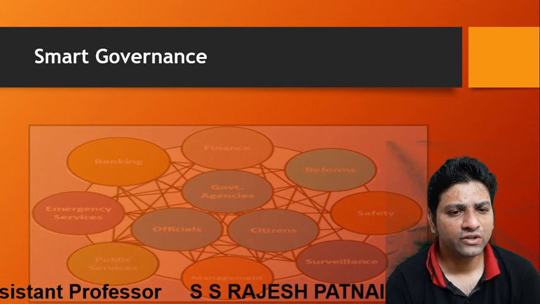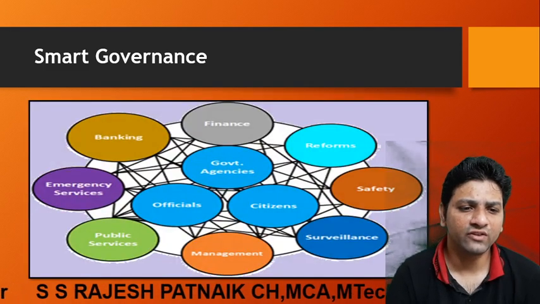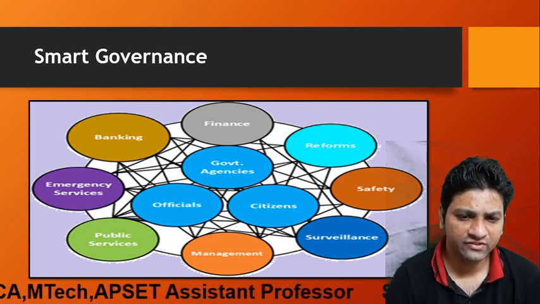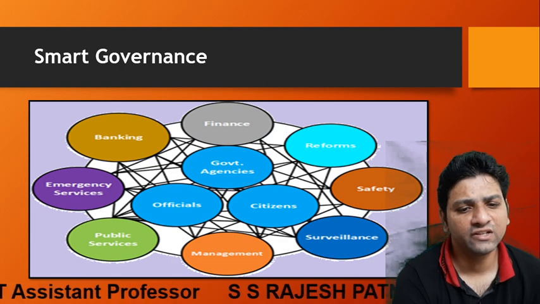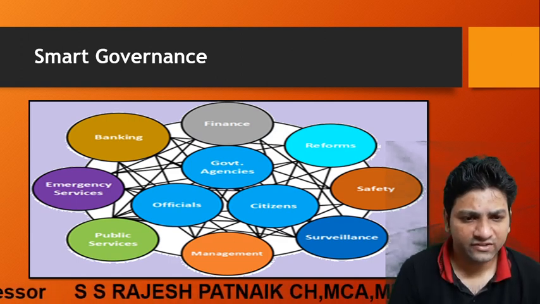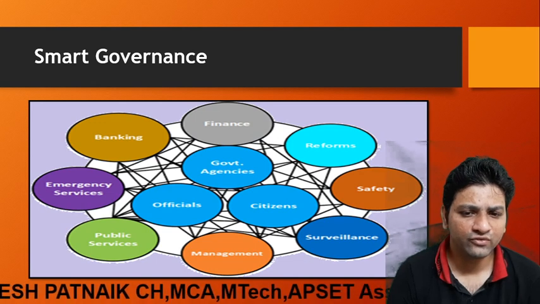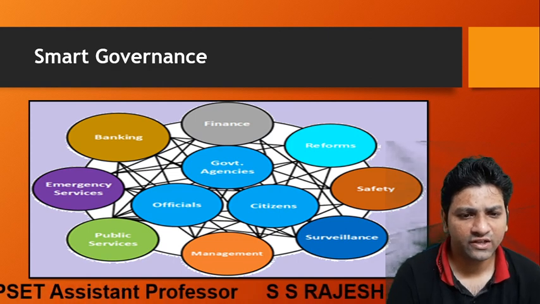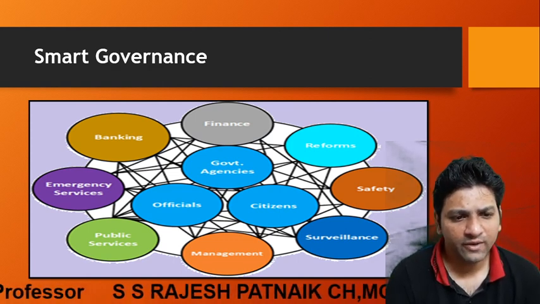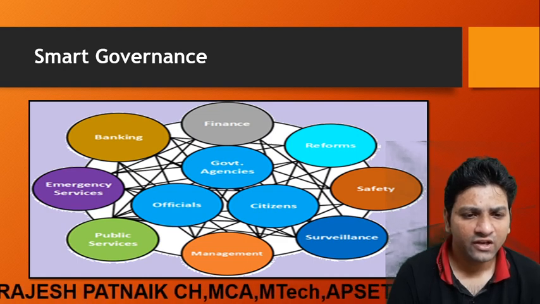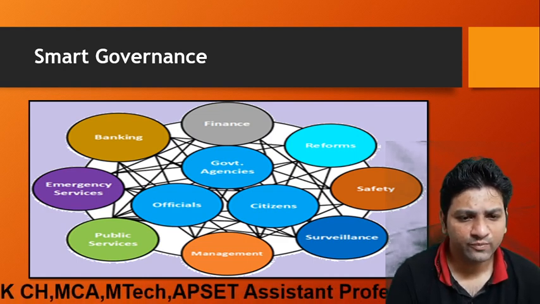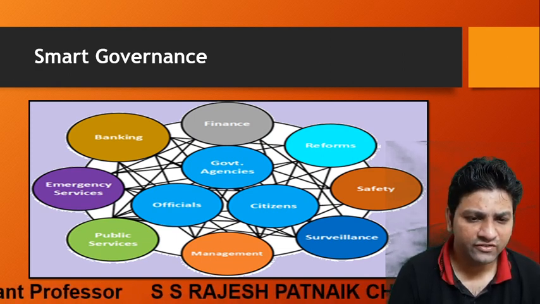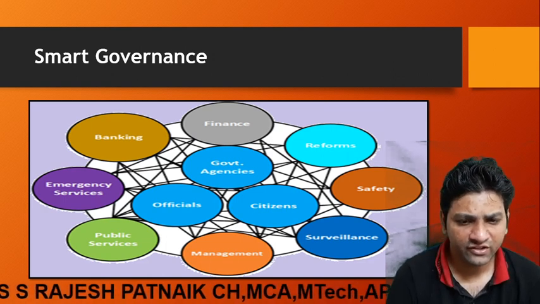And next, smart governance. How is the governance established? Smart governance means cash transactions, money transactions that are transferred to different places based on their works. In smart governance in a smart city, different elements can be involved, like banking and government agencies. Government agencies interact with banking. They are providing finance, including the officials and citizens.